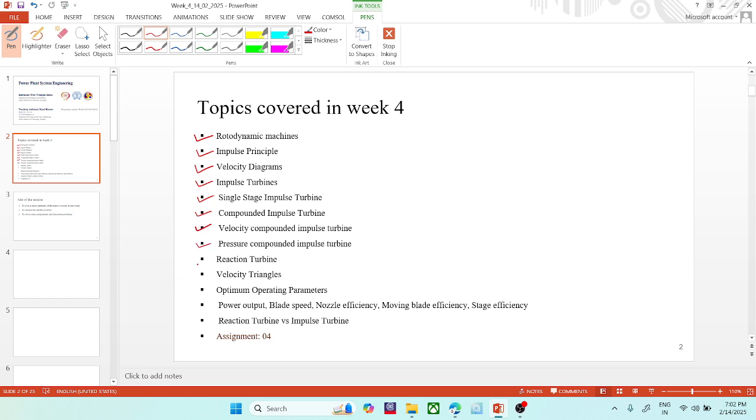Then we have seen the reaction turbines, velocity triangles, and optimum operating parameters, in which we have seen the power output, blade speed, nozzle efficiency, moving blade efficiency, and stage efficiency. So all these efficiencies we will look into, the formulation and what they mean. And lastly we have seen the comparison of a reaction turbine and the impulse turbine, and then we have solved some tutorial problems.